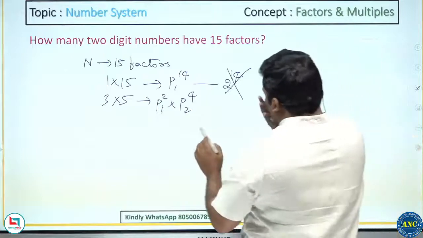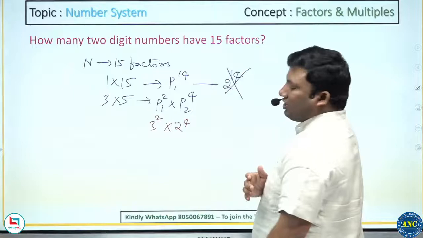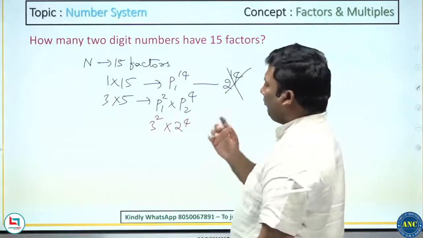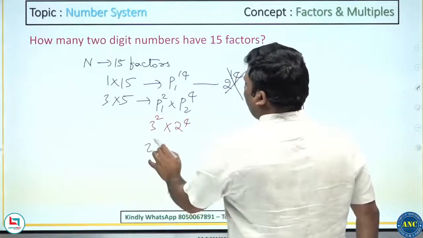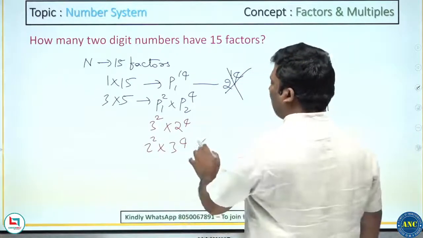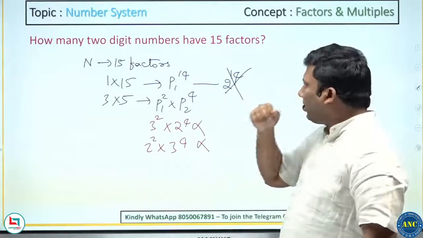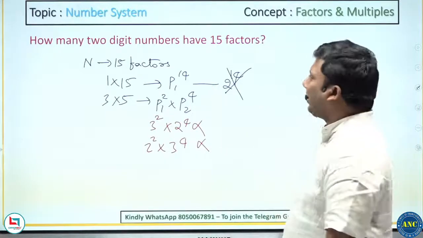So this will be 2 power 4 into 3 square. 16 nines are 144, not a 2-digit number. 2 square into 3 power 4: 81 into 4, 324. It is also not possible. There is no 2-digit number which has got 15 factors.